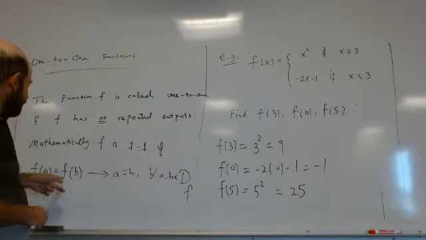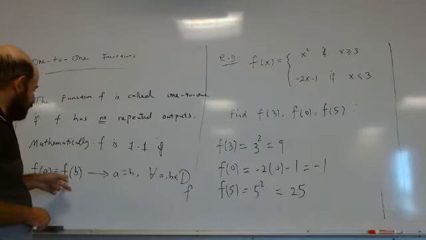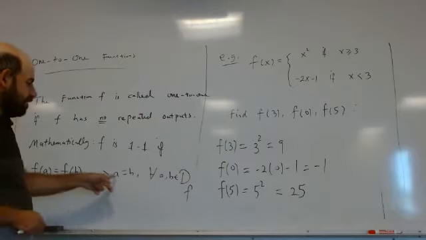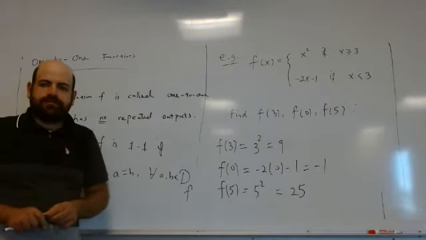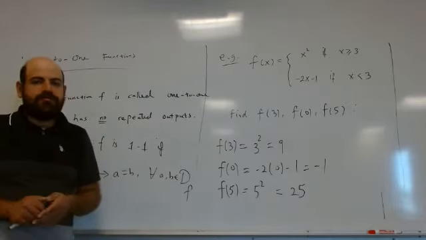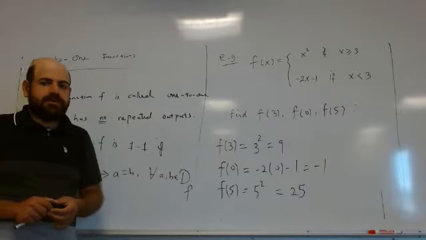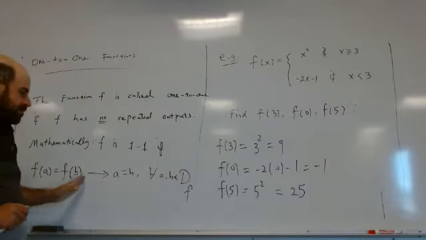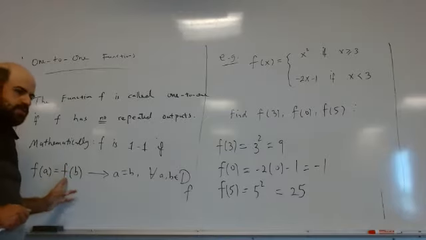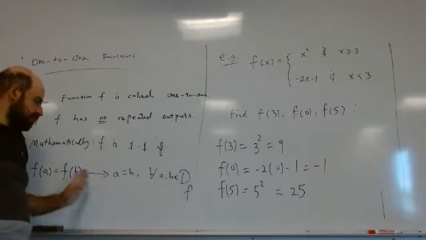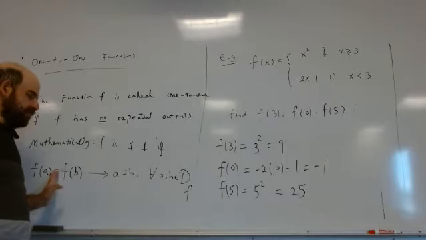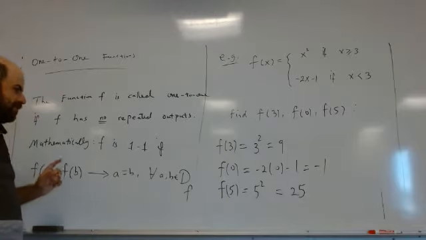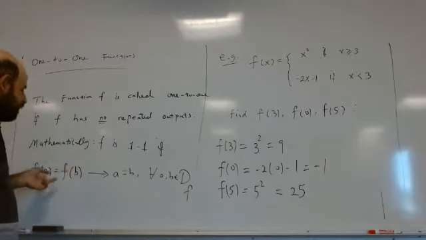But if you have 2 equal outputs, but the inputs are different, well, then that means you have a repeated output and the function is not 1-to-1. So if this implication is valid, then the function is 1-to-1. I remember in exams, some people think that a 1-to-1 function means f of a equals f of b.